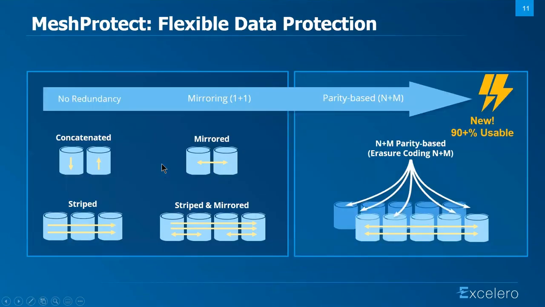The next question is then, which kind of logical volumes can you create with NVMesh? The very simple one is what we call here the concatenation. That simply means you add the capacity of multiple drives. That's typically not very interesting for high performance. More interesting is the striping across multiple drives.